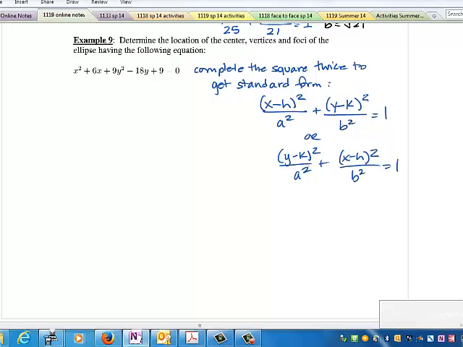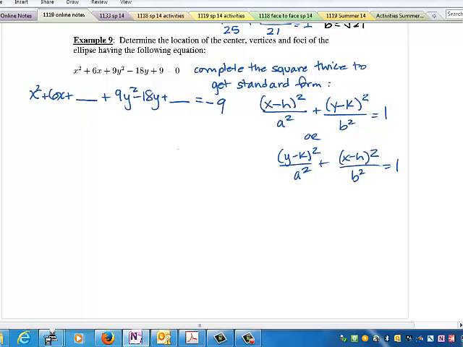So that's the form we're trying to get to. So what we want to do is group the x terms together and leave a space with a plus sign next to it because we're going to add something. And then group the y's together and leave a space. And then any constant term you want to move to the other side.